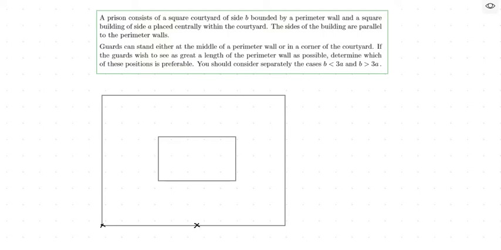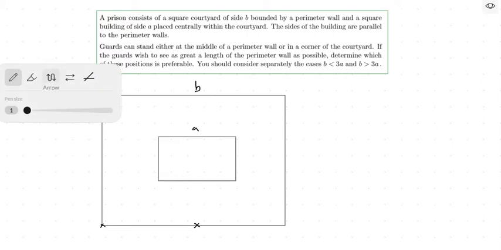So whenever I see a question like this, where it tells me to consider two cases separately, an alarm bell should go off in your head to say something changes when B or A goes over that threshold. And then I would ask myself, what might this mean in terms of this diagram?